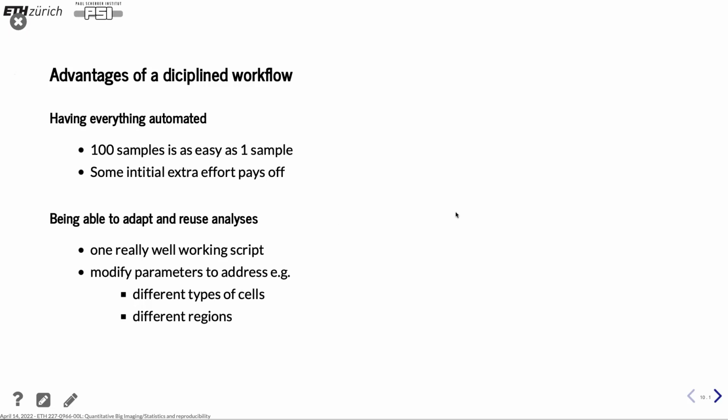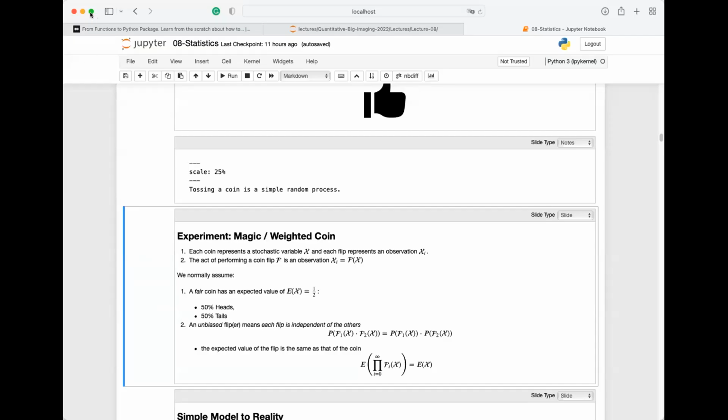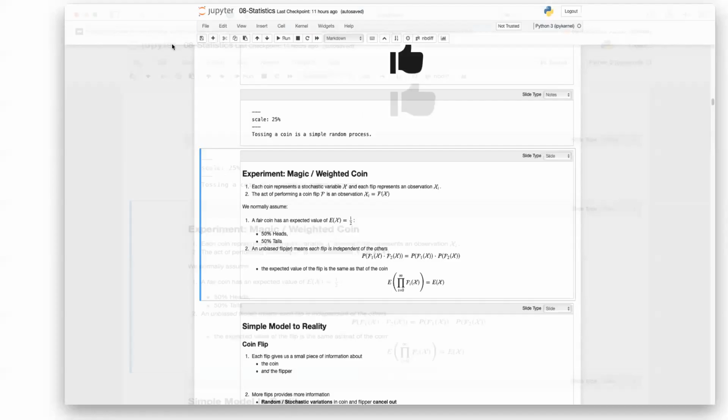We see your cursor moving around, but on the wrong slide. Do you see the web browser now? Yes. Do you see the slide with the magic weighted coin? It's kind of stuck in between switching.